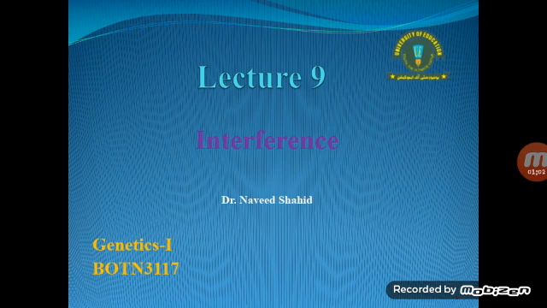After that we discussed, if two or more genes are present on the genetic maps, how we can calculate their recombination frequencies, and what is the role of double recombinants in calculating the recombination frequencies.